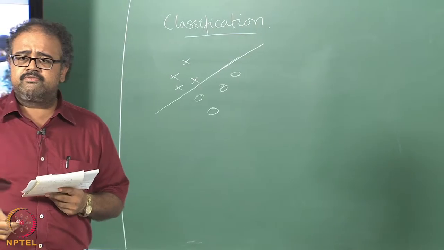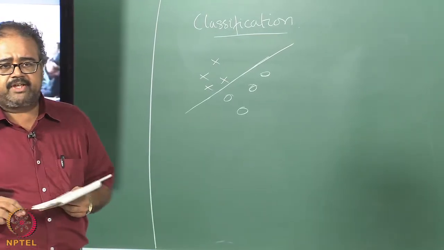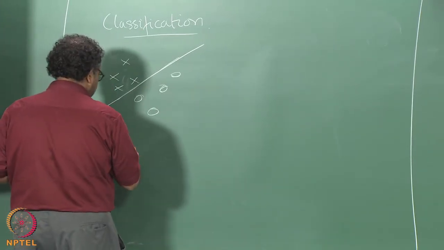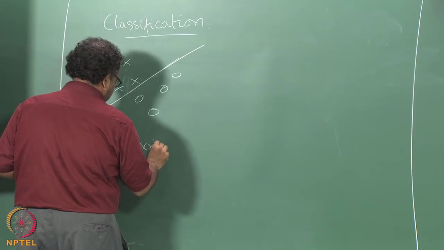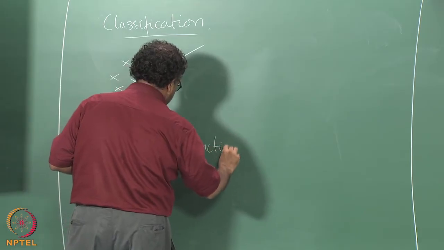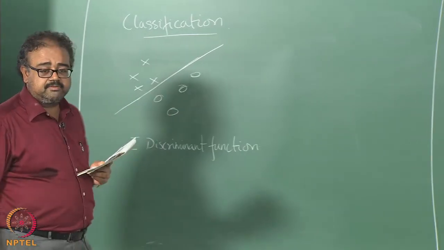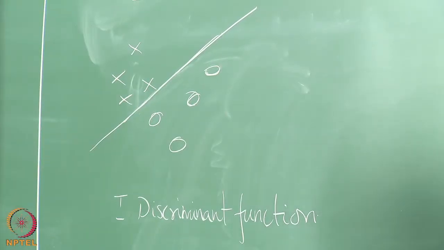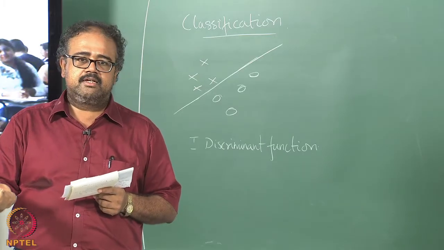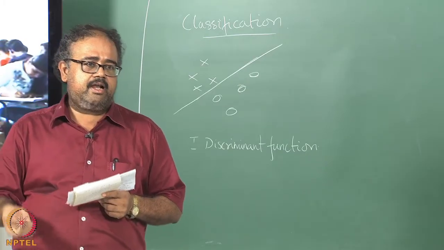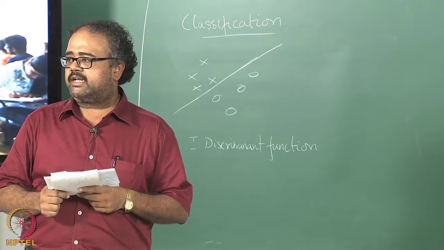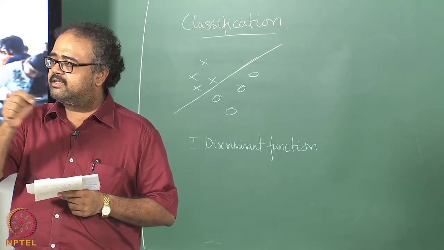There are two classes of approaches that we will look at for linear classification, and the first one is essentially on modeling a discriminant function, right. One rough way of thinking about it is to say that I am going to have a function for each class, and if the output for class i is higher than for all the other classes, I will classify the data point as belonging to class i.